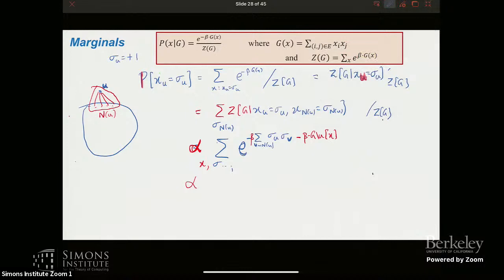Okay, so I'll go back to the sum over sigma so that we can see what's going on. Sum over v in the neighborhood of u, sigma v times z of g minus u conditioned on the neighborhood.